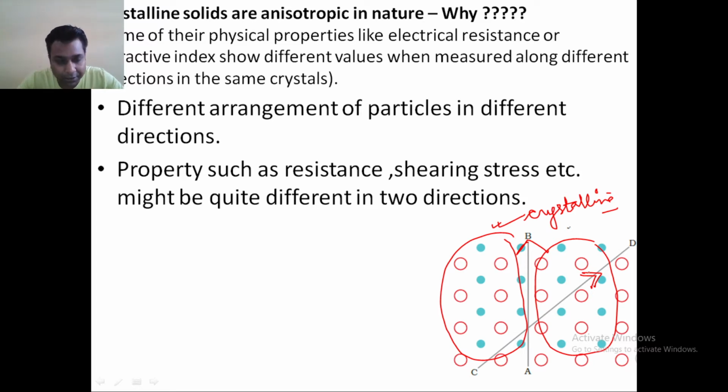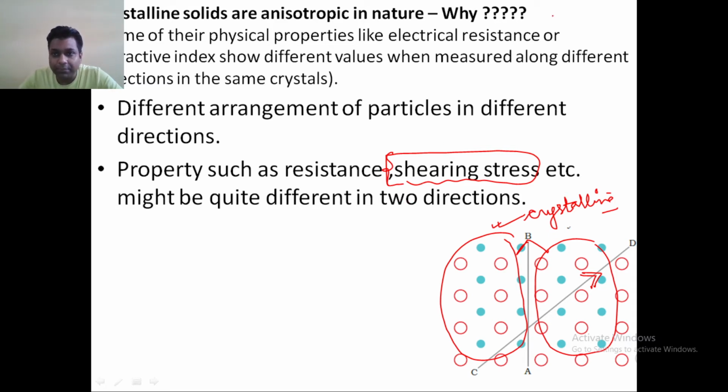Because of this difference in arrangement in different planes, they are anisotropic in nature, meaning their refractive index, mechanical properties and resistance will be different in different directions. Properties such as shearing stress, a very important point, are also different in different directions.